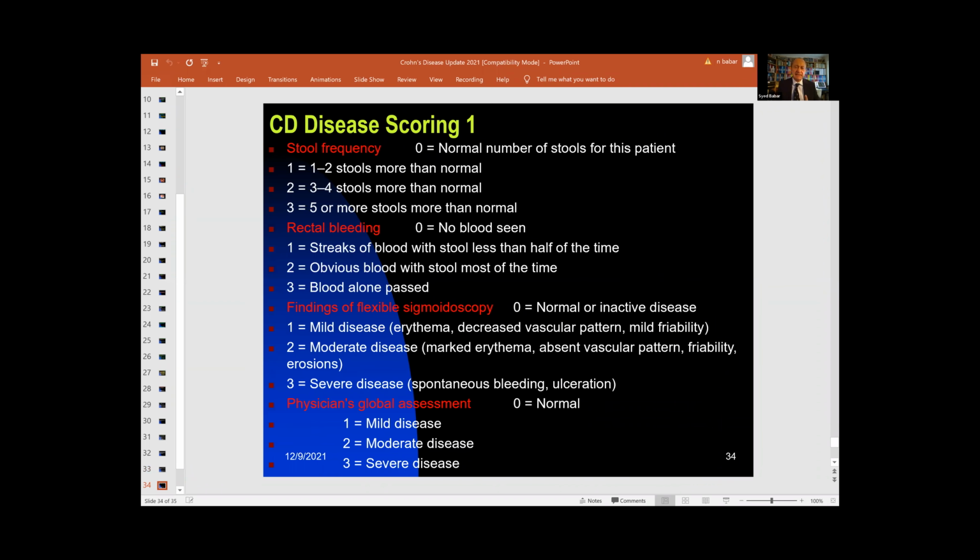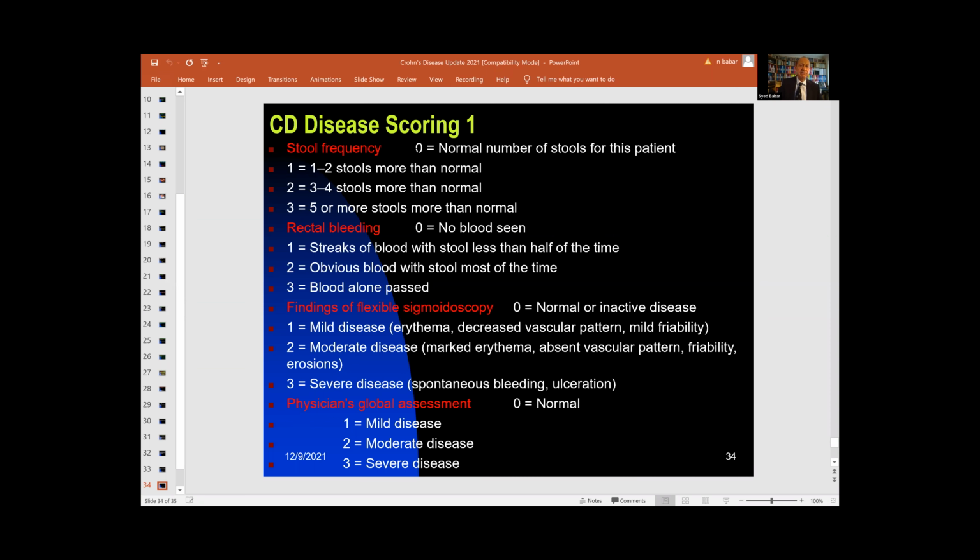So this is how one classifies the impact on the patients on the basis of stool frequency, rectal bleeding, findings seen on sigmoidoscopy or colonoscopy, and the global assessment of the physician.